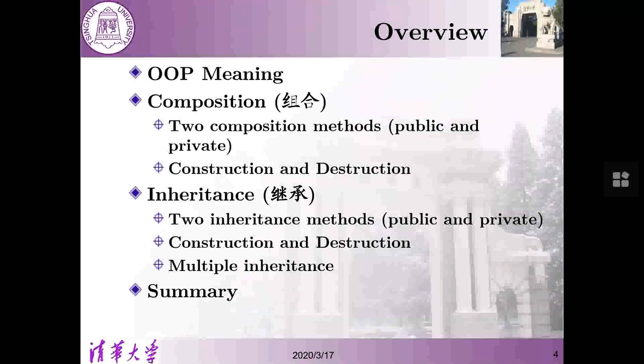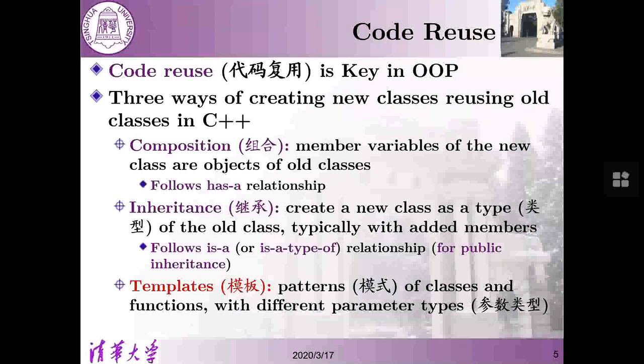Okay. Now let's learn something related to composition and inheritance. First of all, we want to emphasize something related to object-oriented programming. In our object-oriented programming, I think the key is code reuse.